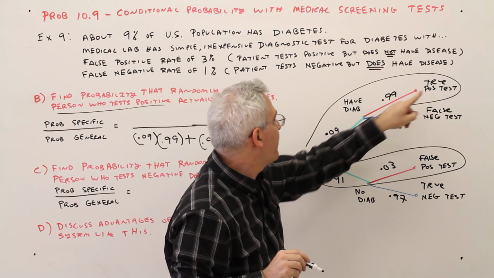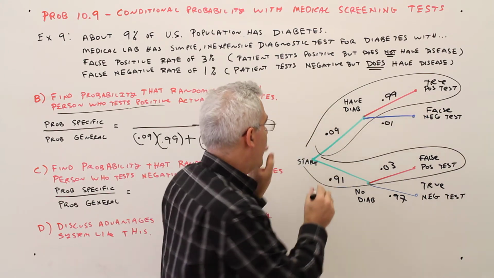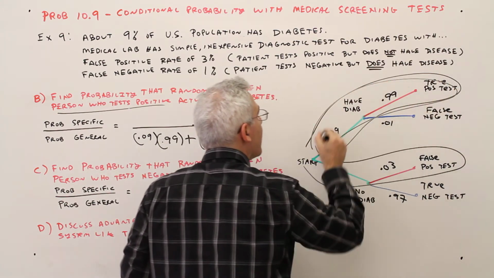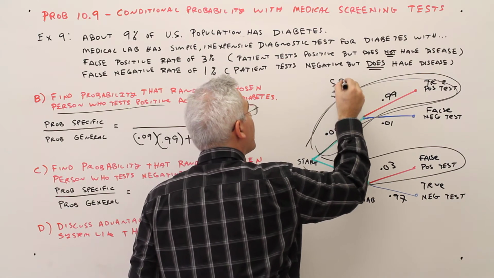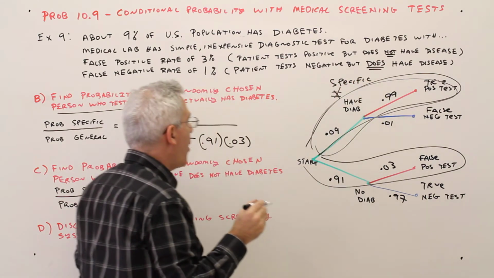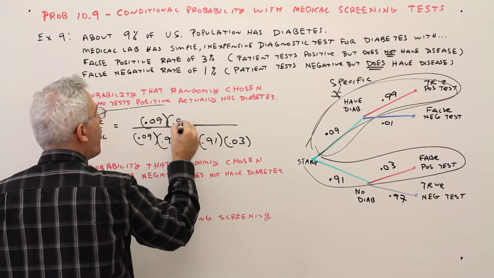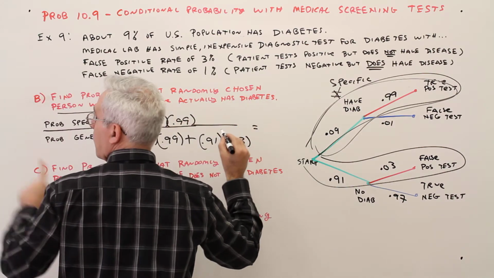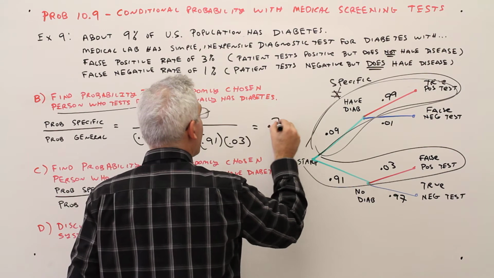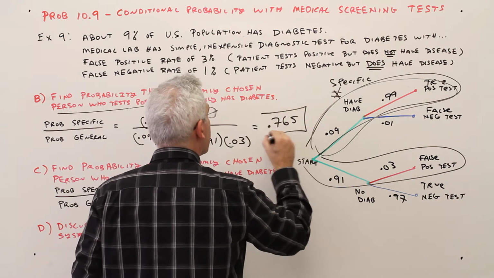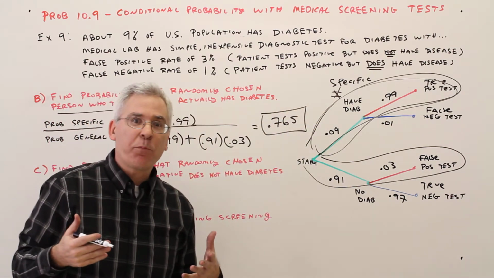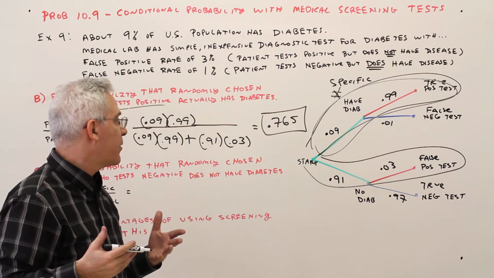That would be this branch right here, so I'll just put a star, that's my specific. So that would be 0.09 times 0.99 over the general, and if you do the math, you get about 0.765. So that's a 76.5% chance of that.